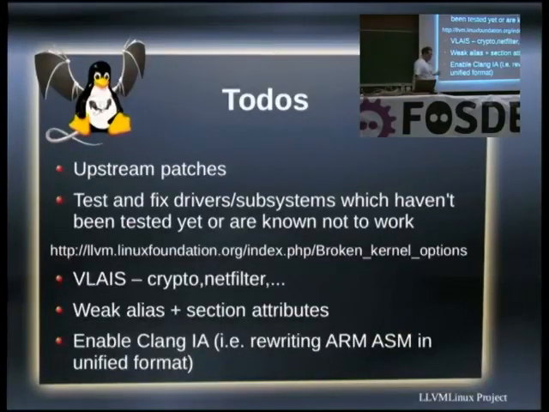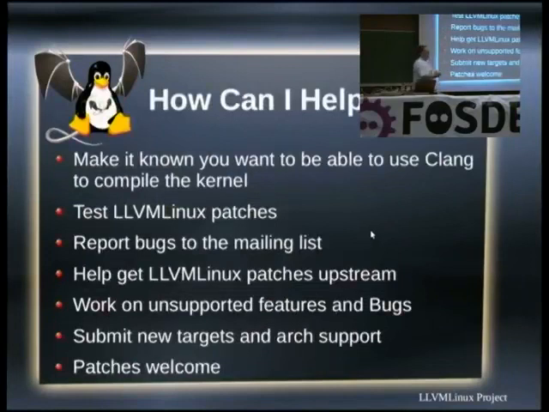Code 16 was one. With that kind of solved, we plan to enable the integrated assembler again and give it a new run. For ARM, we have a few issues with the assembly style used in the kernel versus what Clang expects. So, if you want to try it out, help us.